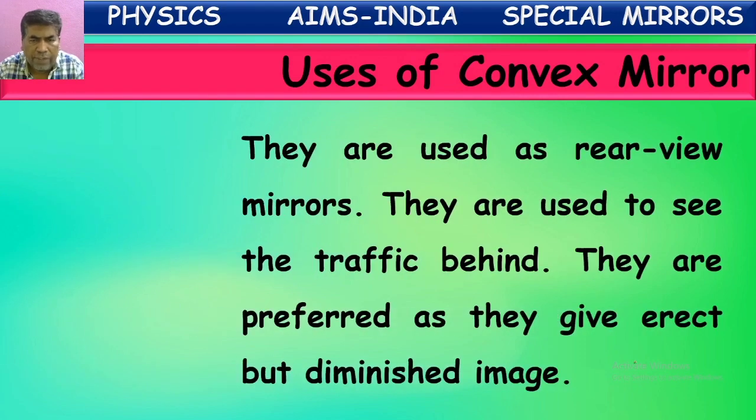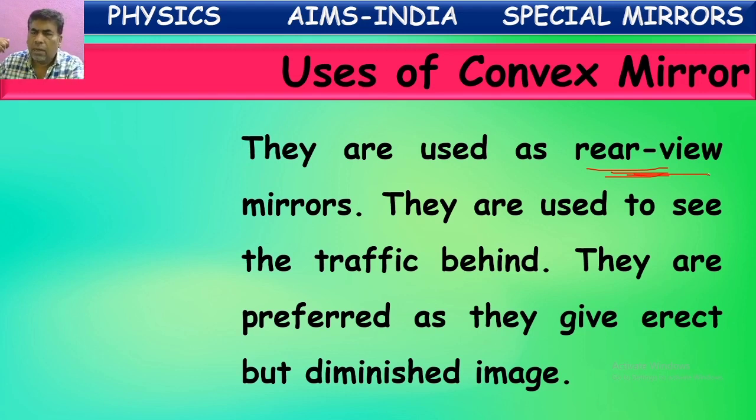So, uses of convex mirror. They are mainly used in rear view mirrors and side view mirrors. If I am going in a car and a big lorry is coming from behind, the lorry's image will appear diminished, a small image.